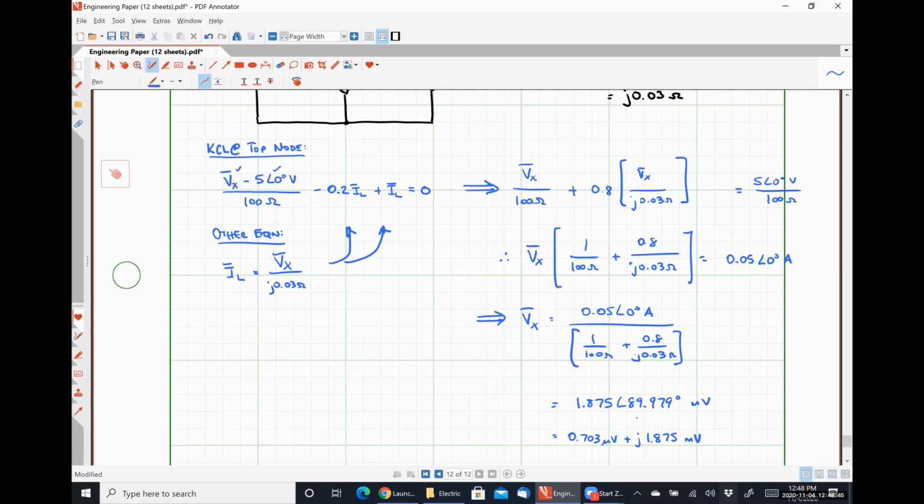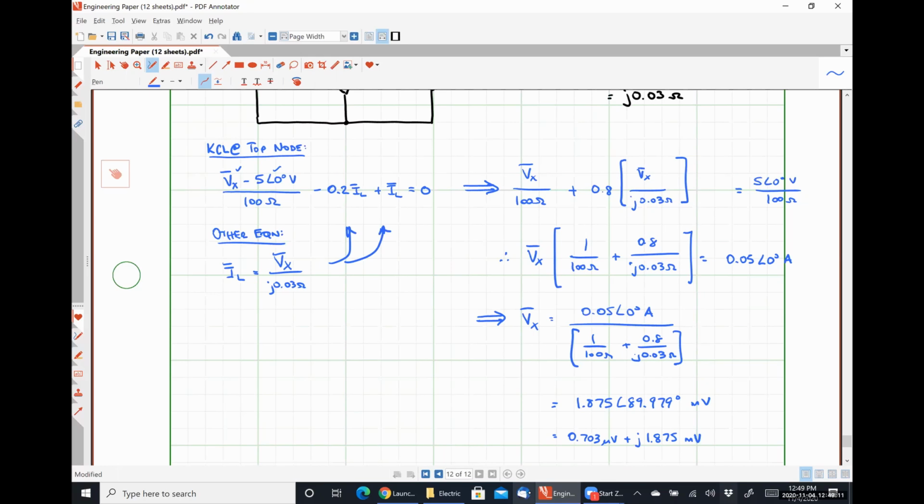So when our angle is this close to 90, it should make sense that the real part should be very, very, very small. All right, anybody else other than Carrot get it? All right, got a couple of more thumbs up. So I'll assume that I am correct.